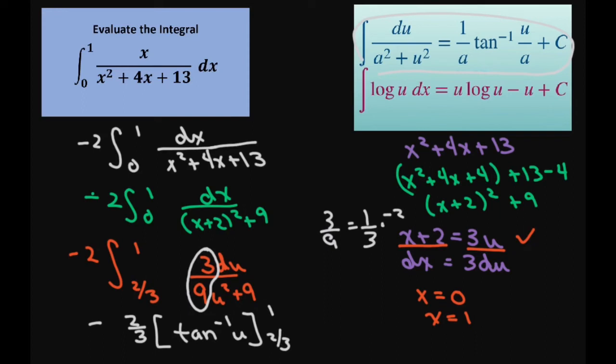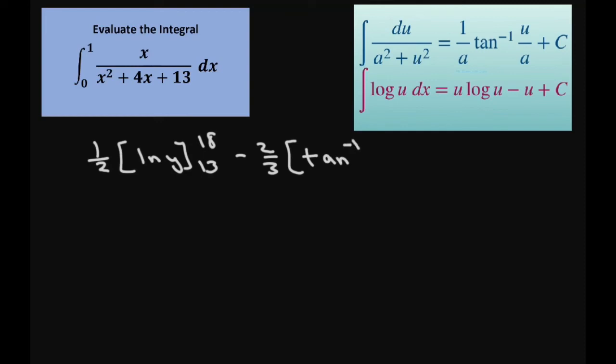All right, now let's put it all together. When we put it all together, we're going to have 1/2 ln of y from 13 to 18 minus 2/3 inverse tan of u, and that's from 2/3 to 1.